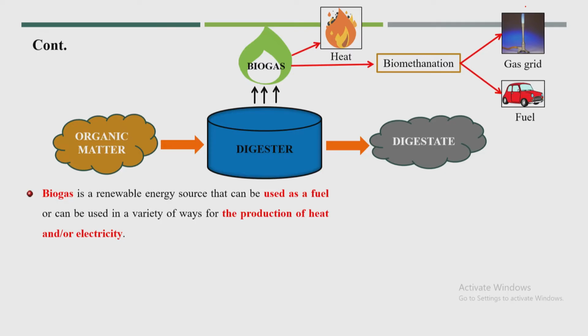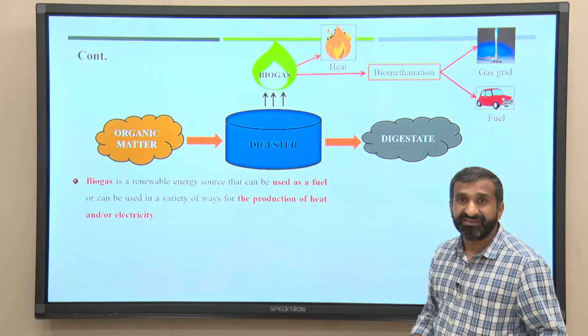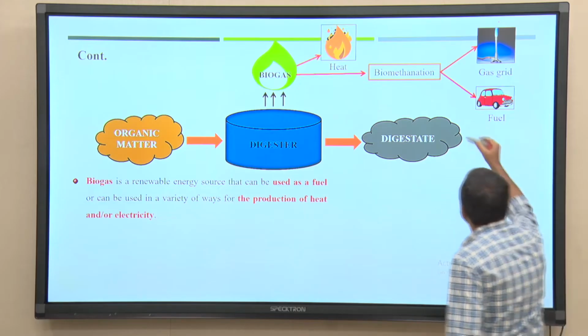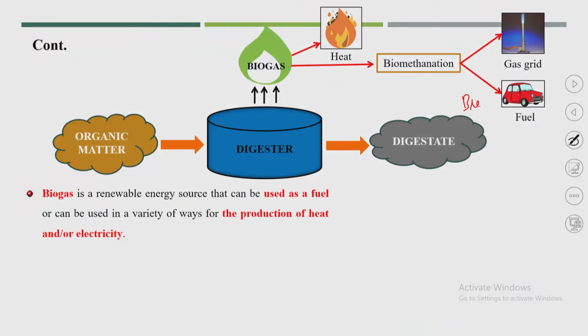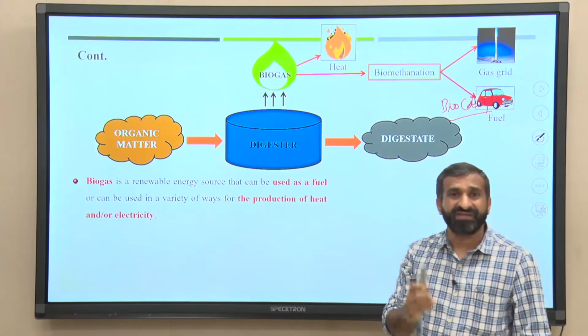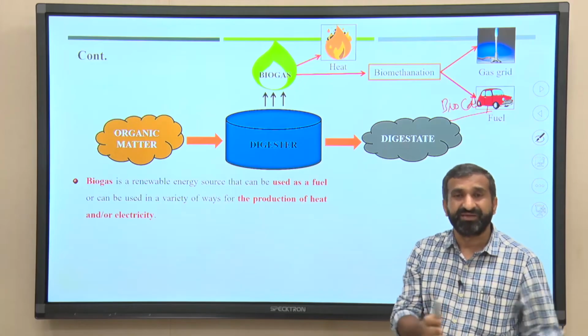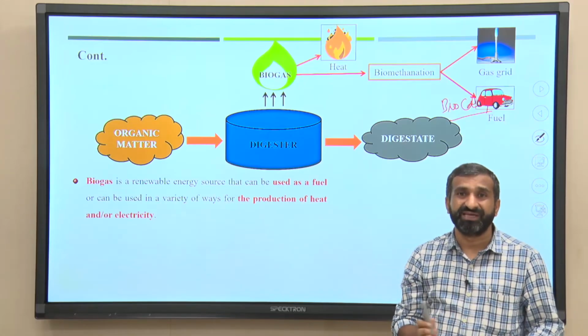If we are getting 95% methane, we can call it bio-CNG. The CNG that is normally available contains 95 to 98% methane, but that is chemically produced methane.